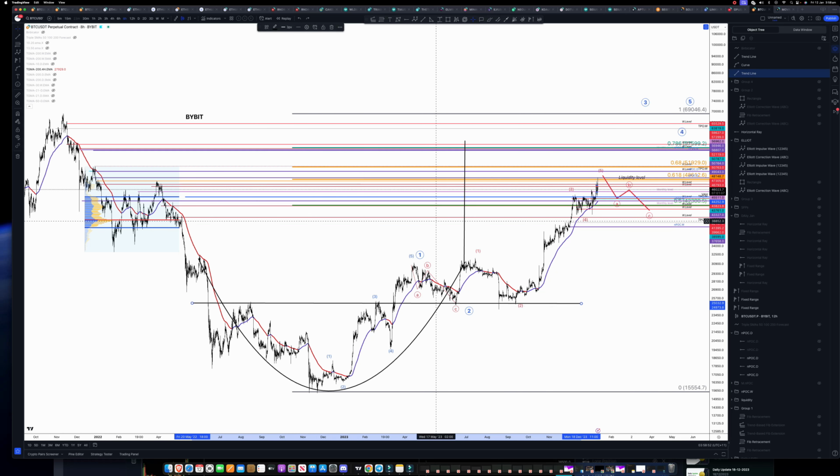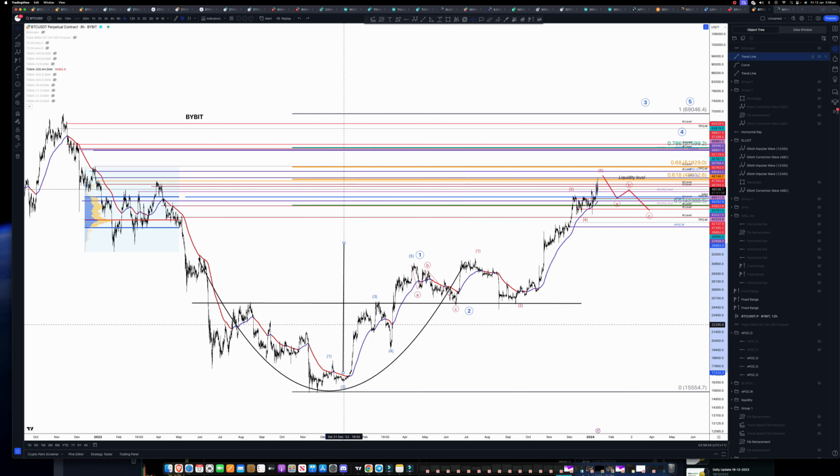That's a neckline. And if we do that, we'll probably already hit it. Yes, we have hit it. So this measured move all the way down could be taken there as well.